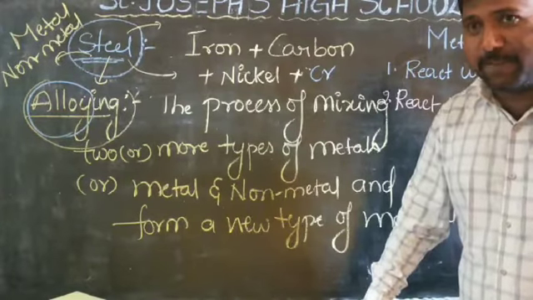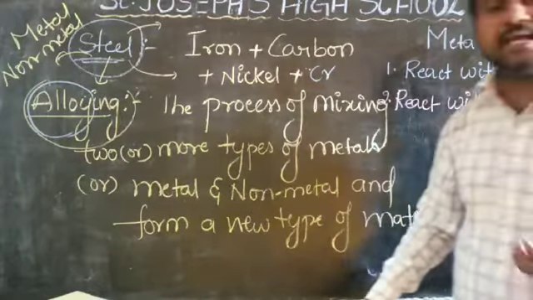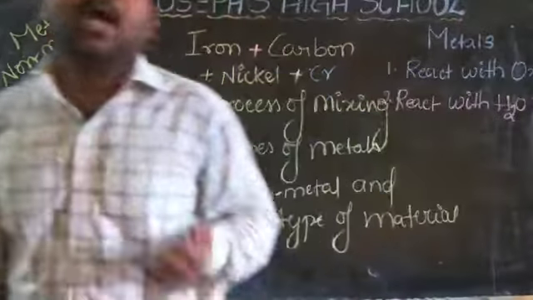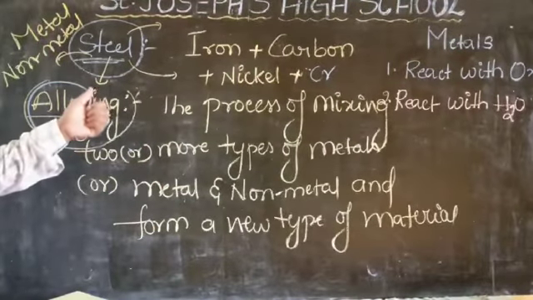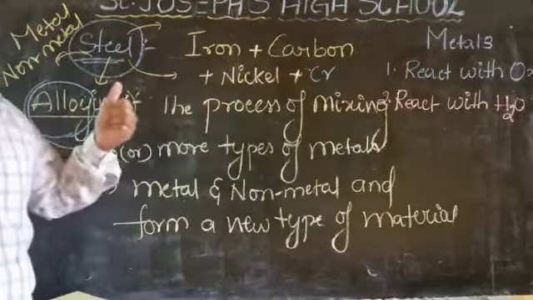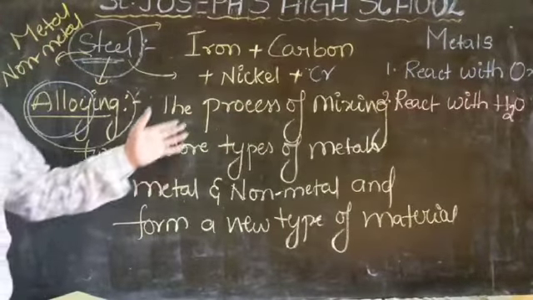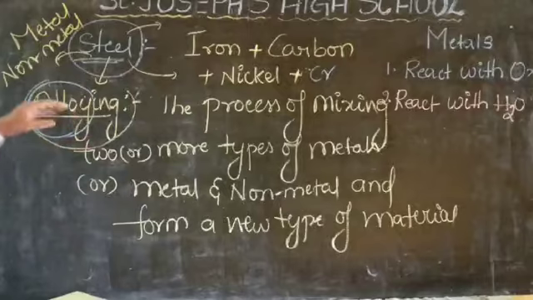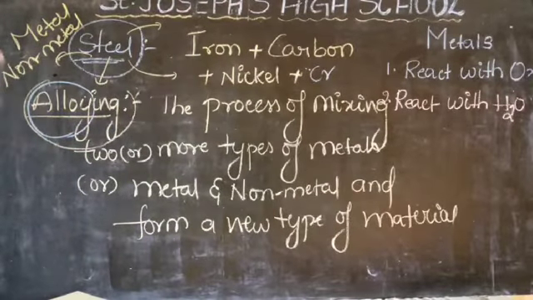Like these examples I wrote on the board. Next I explained how to prevent rusting. For that how many methods did I say? First one painting. Second one oiling. Third one galvanizing. Fourth one alloying. Is it clear, children? Yes.